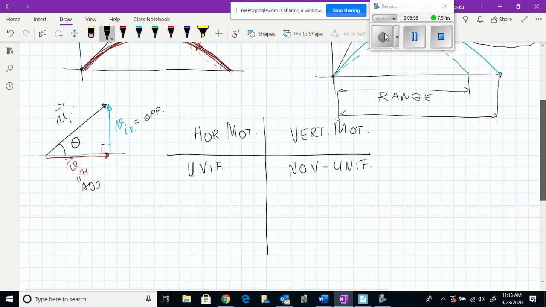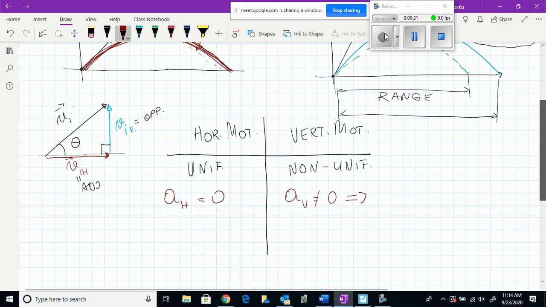To have a uniform motion means that the acceleration is equal to 0. And to have a non-uniform motion means that the acceleration is not equal to 0. Okay? But what is the acceleration?